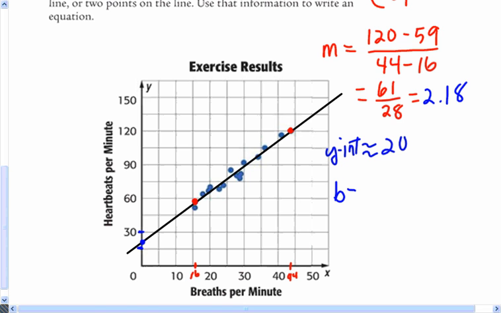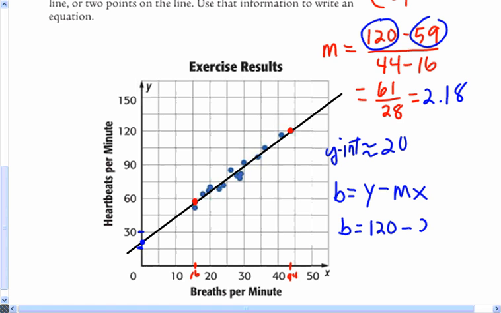Now, if you remember from the lessons, the y-intercept, we use the letter b for that quite often, is a y value minus the slope times an x value. So I need to pick one of these y values, either 120 or 59. I'll do 120.